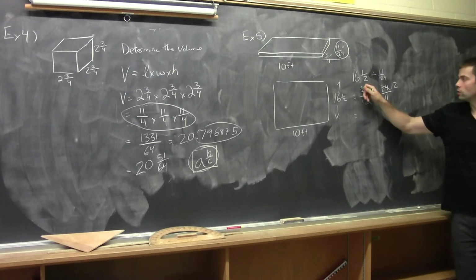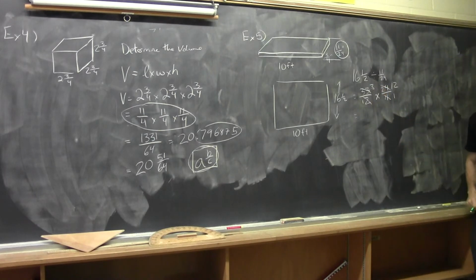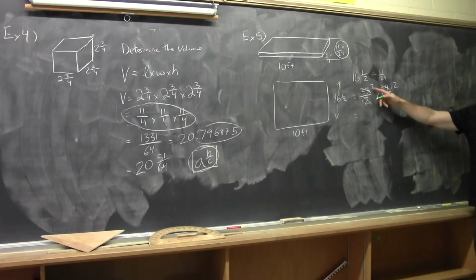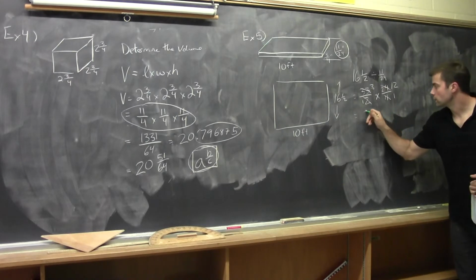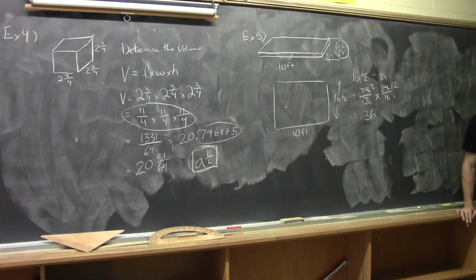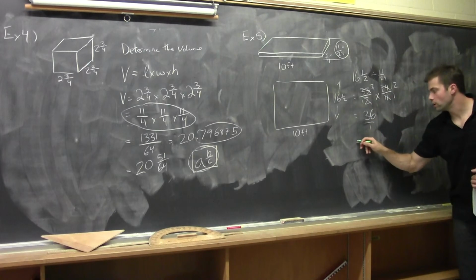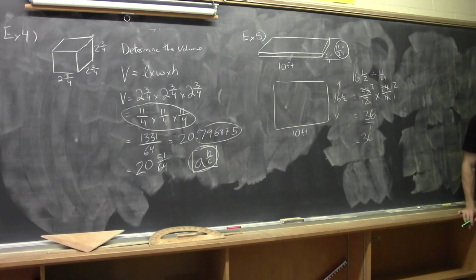Likewise, you can say 11 goes into 33, 3 times. So you're left with 3 times 12 is 36, and 1 times 1 is 1, so you're left with 36 over 1, which is 36, okay?